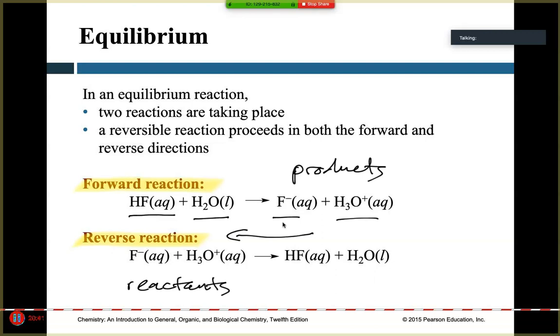Fluoride, which is now a base, can react with hydronium, which is an acid, and reverse that reaction as well. Again, it's going to be a battle between the forward and the reverse. And depending on how strong the acid is, it depends on which side wins out.